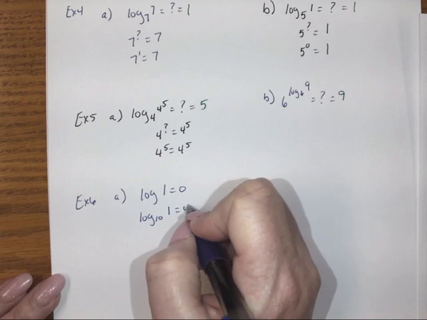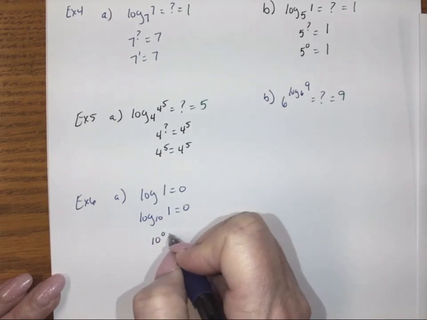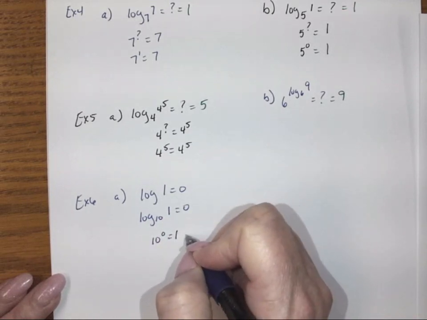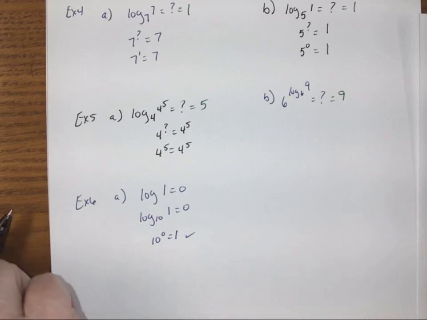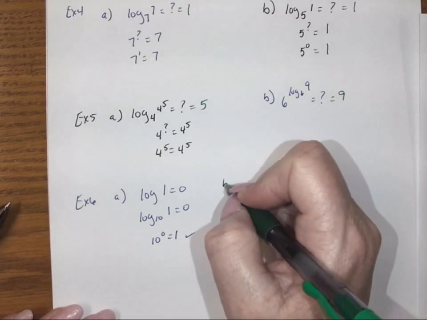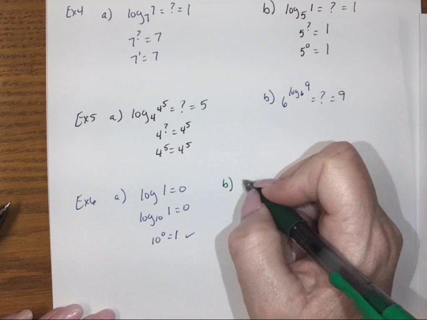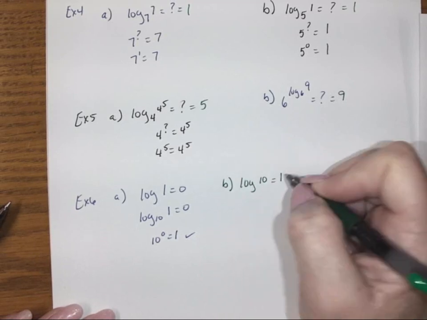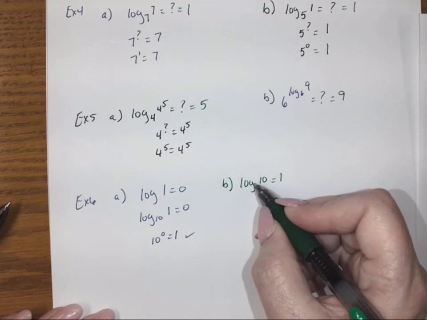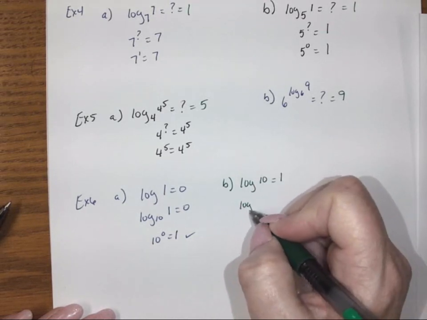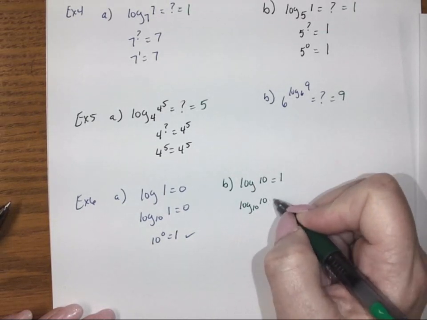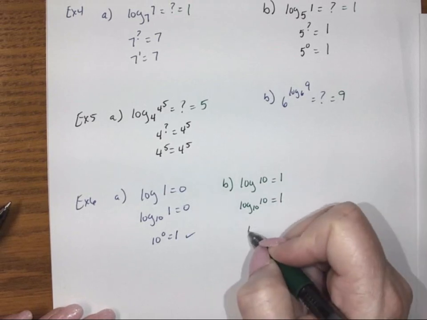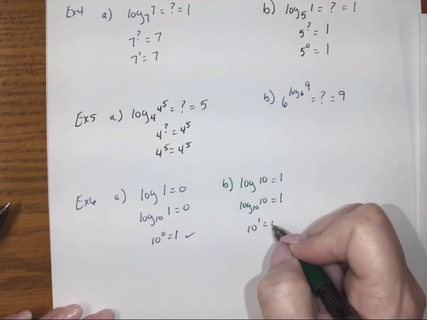Well, 10 to the 0 equals 1. That is true. For part B, we have log of 10 equals 1. Remember if they don't give us a base, it's 10, so log base 10 of 10 equals 1, so 10 to the first equals 10.